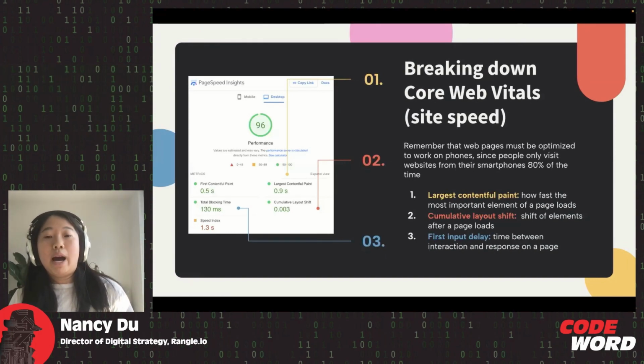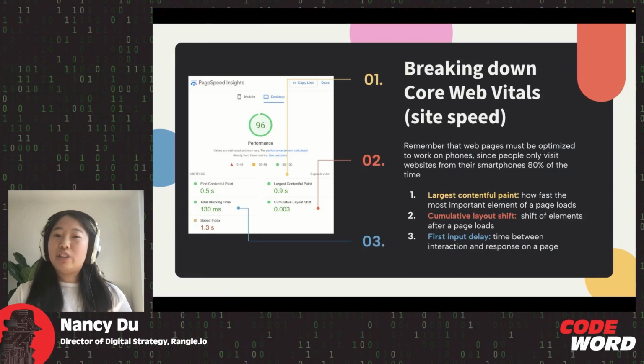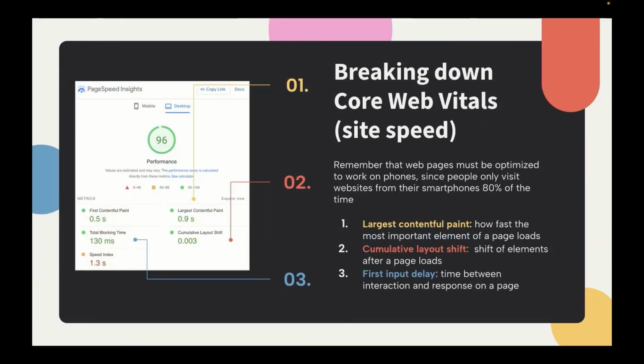Before we get into how to improve performance, let's understand a little bit about how Google views site speed and what different metrics they're actually using. So Google uses what they call the Core Web Vitals, which is 3 different metrics that they use to give you a score when it comes to performance.